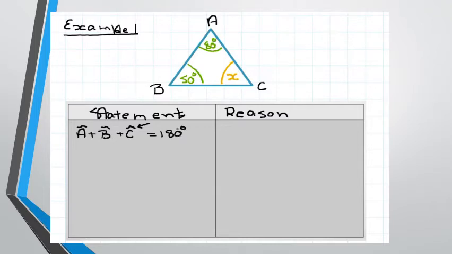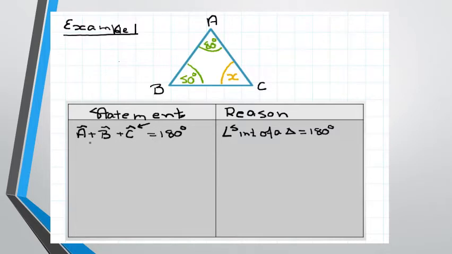That's one of the properties of a triangle, that the interior angles equal 180. Now the reason, remember that reason: the sum of the interior angles of a triangle equals 180 degrees. Very important that we write it like that.